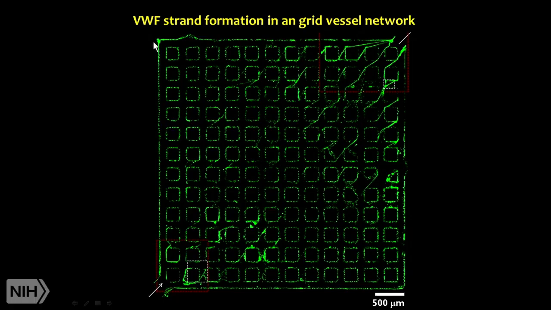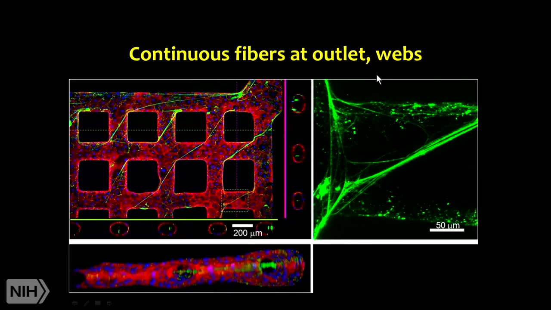Shear stresses are very low here because we have a very large cross-sectional area, and as one approaches the outlet, the flow has to accelerate, the shear stress goes up, and now we get strands that are oriented in the direction of flow and thickening as one approaches the outlet. And here's just a higher magnification of the outlet, and you can see that there are strands basically going in the direction of flow.